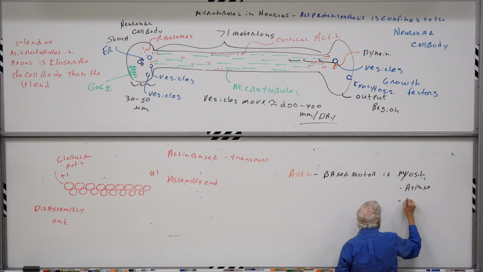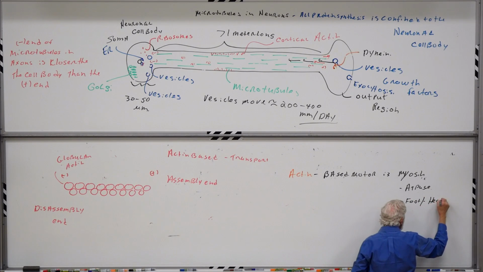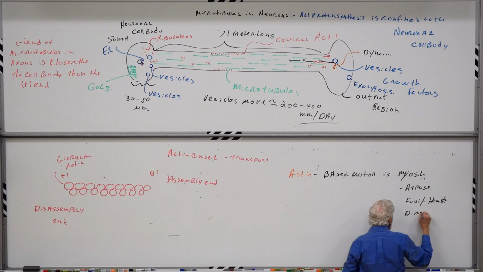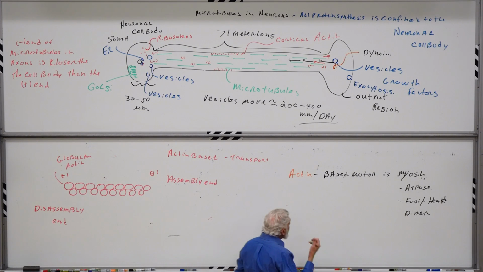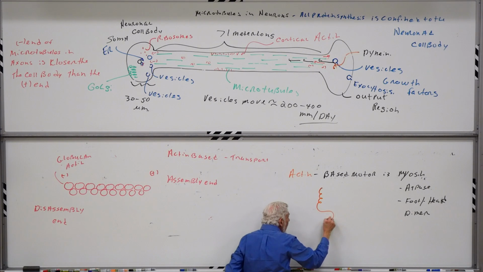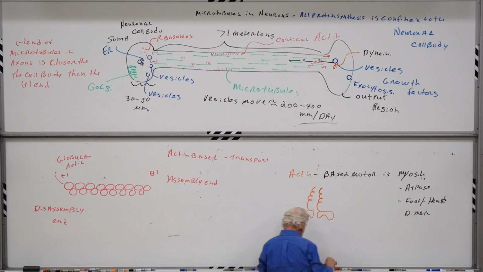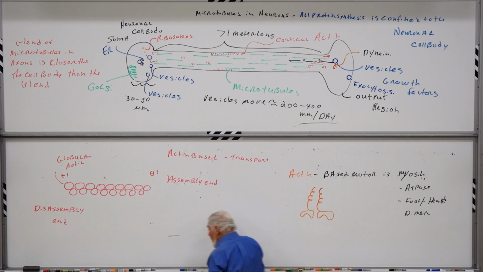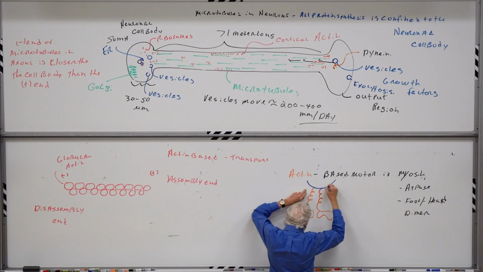It too has a foot, although in this case we often refer to it as a head. It too is a dimer. So that if we look at one of these molecules, there is this region of alpha helix, and then a foot, and a region of alpha helix, and then a foot. And the ability for this end of the molecule to bind to a vesicle.